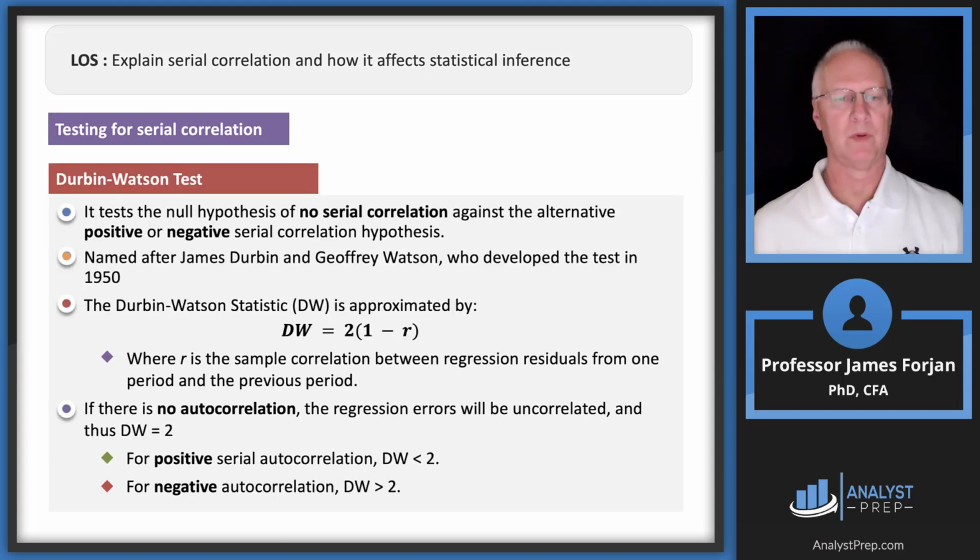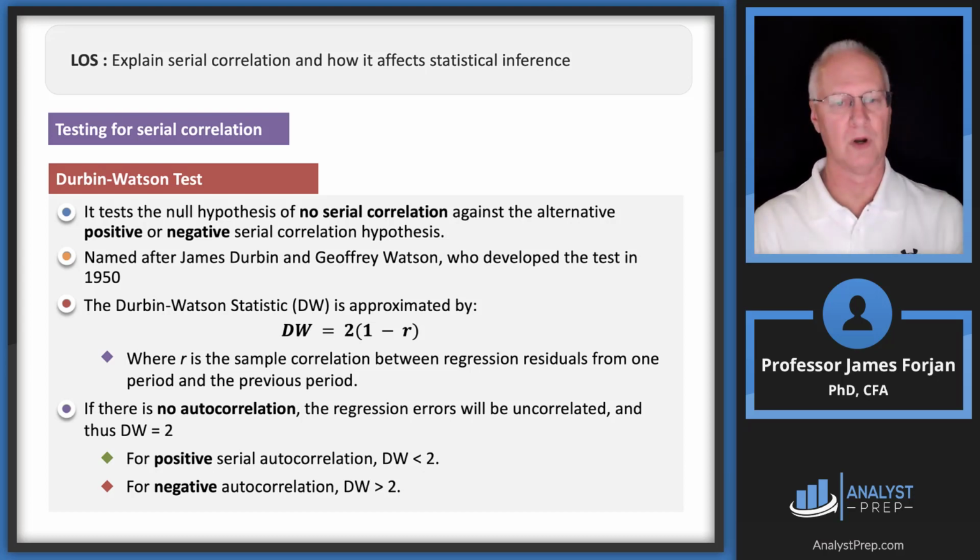Now, we'll do some really intricate details about Durbin-Watson in that Module 5. But for now, what we're going to do is use the Durbin-Watson test, the DW test, which can be approximated right there in that third bullet point, 2 times 1 minus some kind of correlation coefficient.